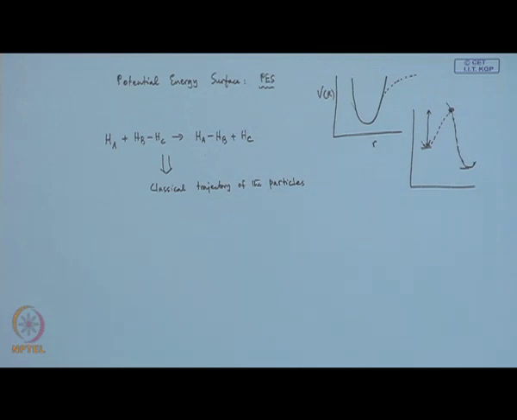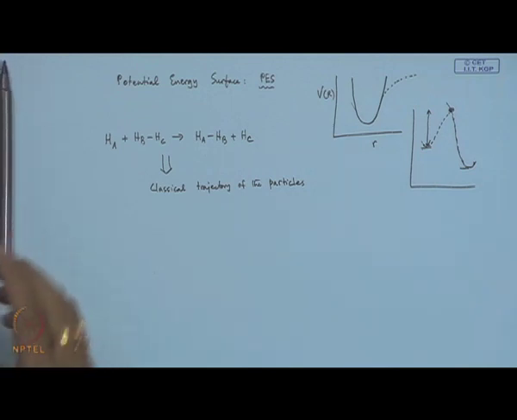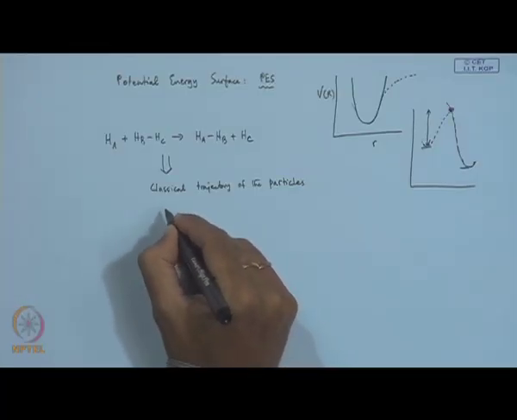As I mentioned earlier, for larger systems quantum mechanical calculations are difficult, and since it is a hard sphere collision model, you can nicely apply classical laws of motion for a set of initial conditions. So you set up the classical equations of motion.